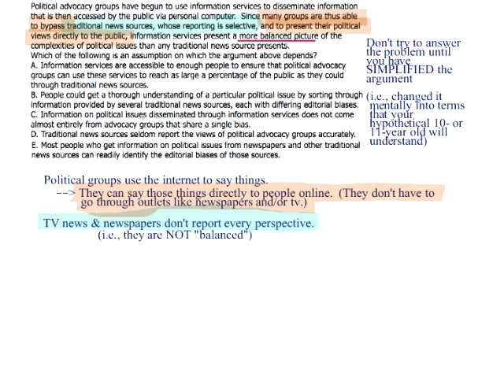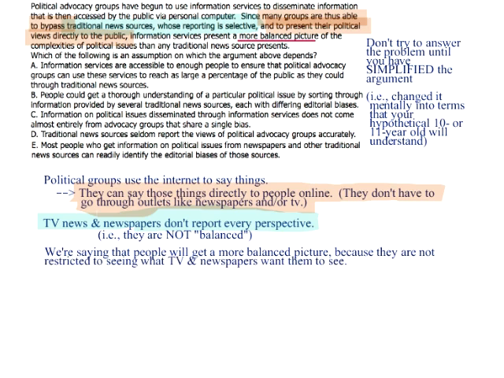Because of the selective reporting, and because the political groups can just talk to you directly through the internet, people will get a more balanced picture because they are not restricted to seeing what TV and newspapers want them to see. That's basically what this says.